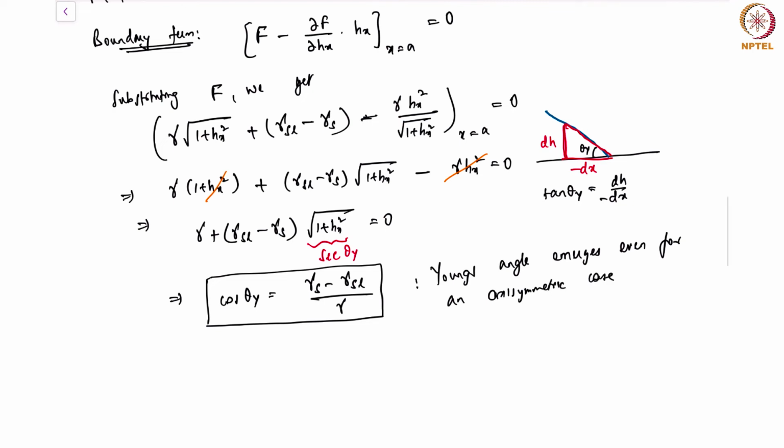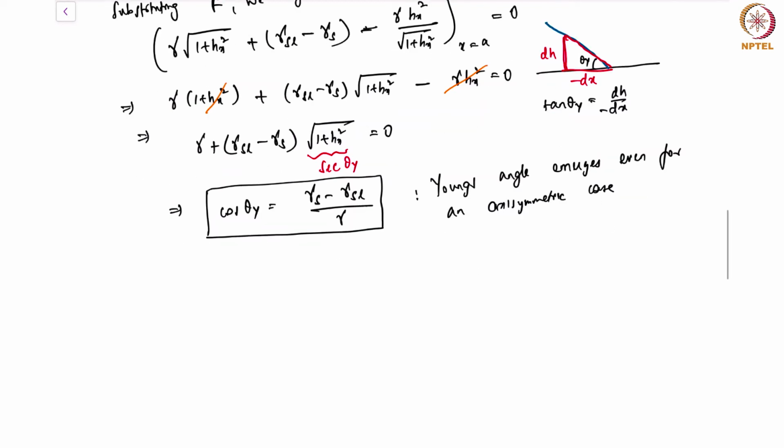This is not at all surprising because ultimately, whether we do it with gravity, whether we do it in 2D or axis symmetry, what ultimately matters is that we are in a region very, very close to the contact line, and when we are so close to the contact line, the only thing that matters is the dominant physics at the contact line, which is the different surface energies.